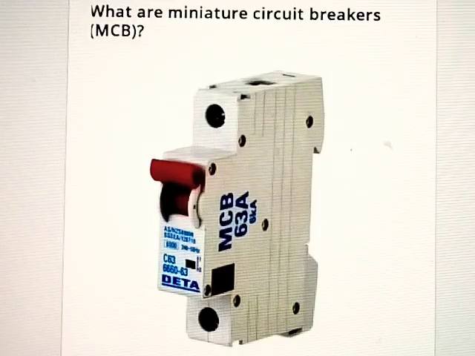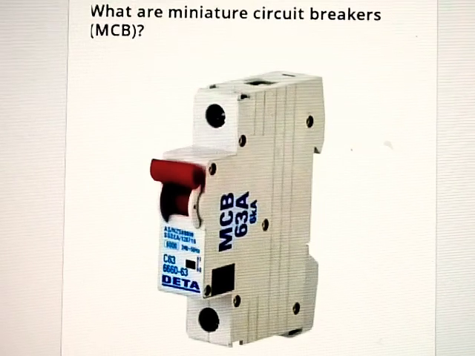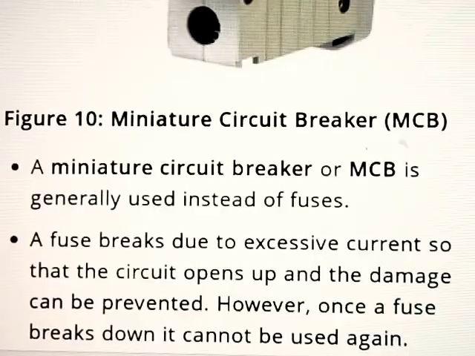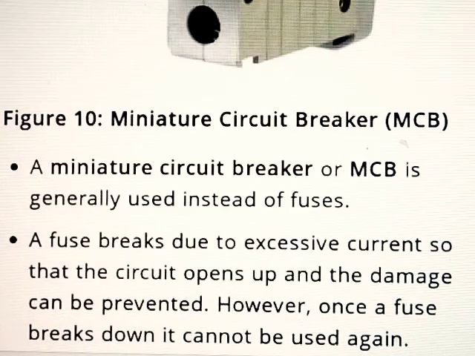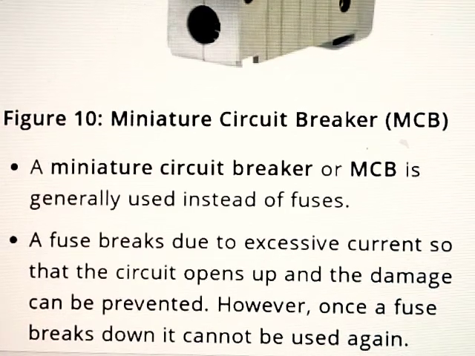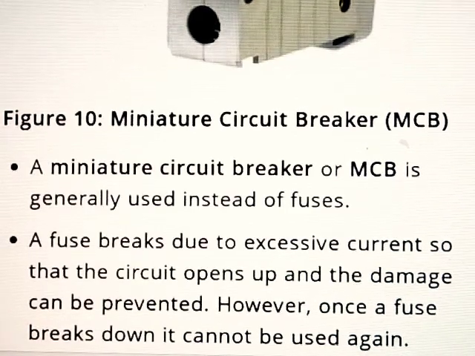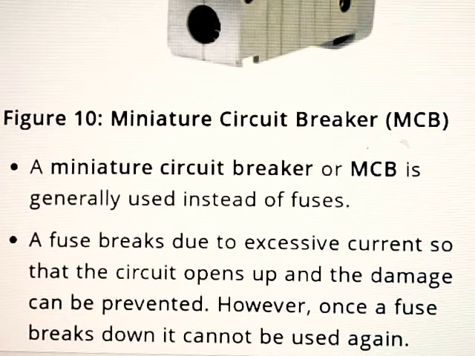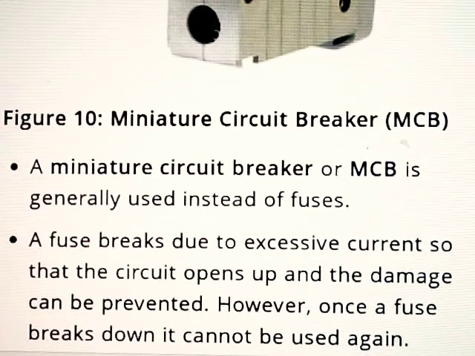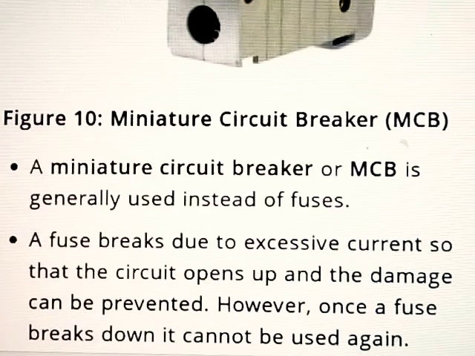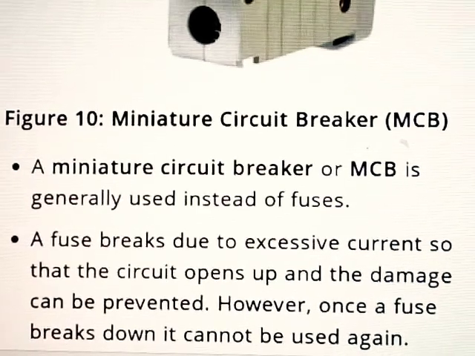What are miniature circuit breakers? MCB. A miniature circuit breaker or MCB is generally used instead of fuses. A fuse breaks due to excessive current so that the circuit opens up and the damage can be prevented.